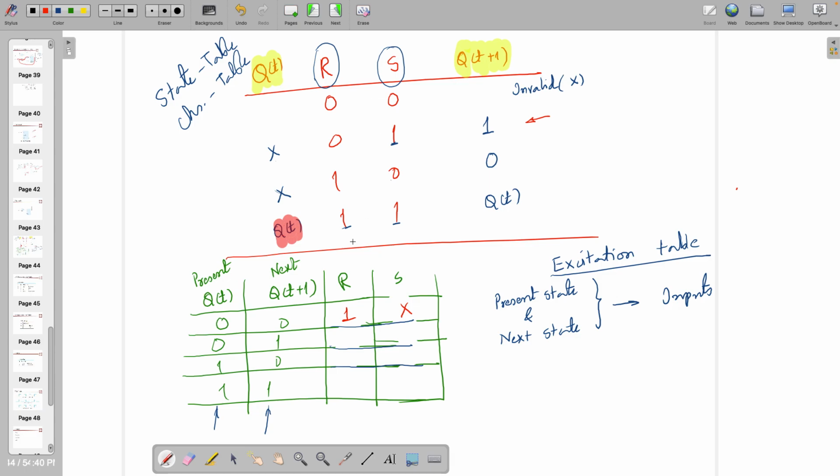So as it is same thing, you can write it down here. For the case of 1 0, you can write down here 1 0. For the case of 1 1, I need to consider this row and this row, right? So both will give me that. So it will give me don't care 1, right?